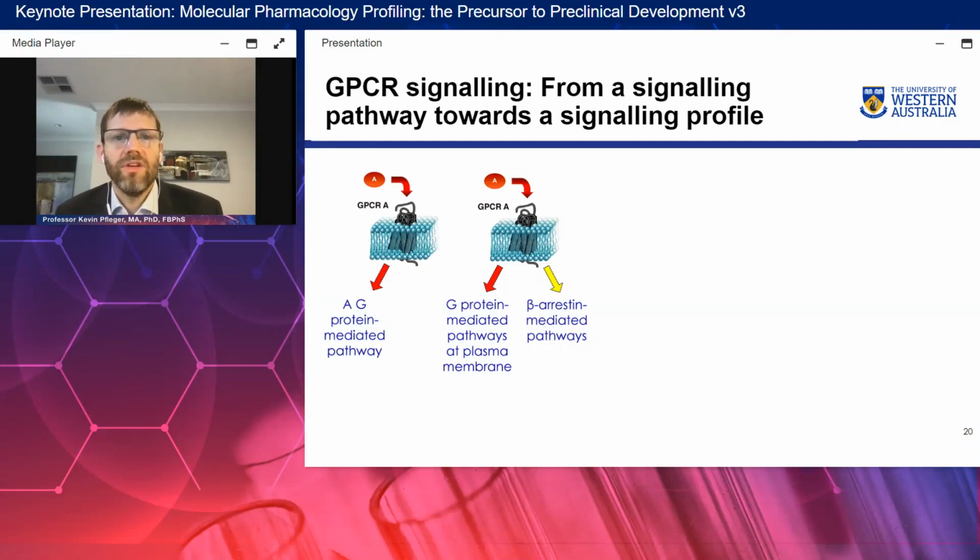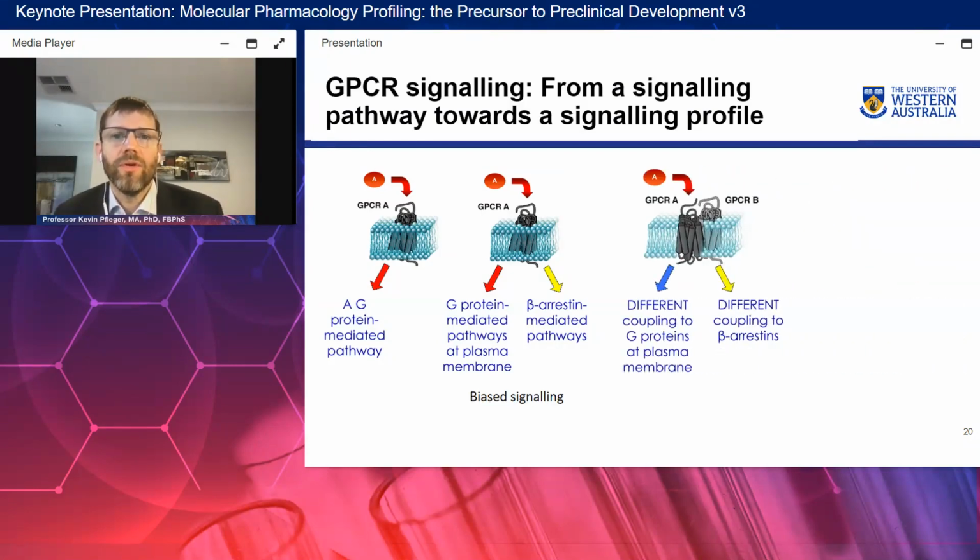And whether those arrestin mediated pathways also involve G protein or not is up for debate. However, there does seem to be this potential for different activation of different pathways and indeed potentially inhibition of different pathways as well. So this is, of course, the concept of biased signaling.